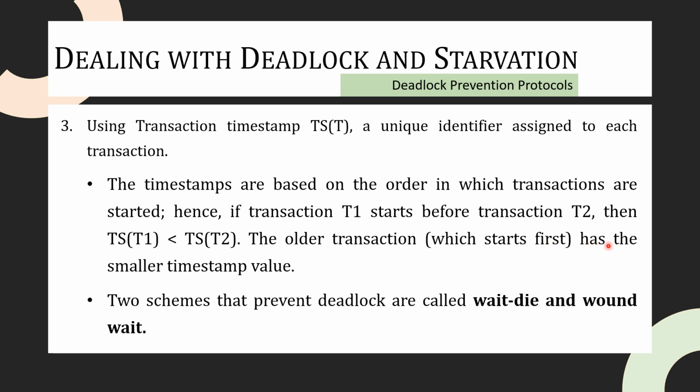So the older transaction, that means the transaction which starts first, has the smaller timestamp value. Two schemes that prevent deadlock using this transaction timestamp method are the wait-die and wound-wait schemes.